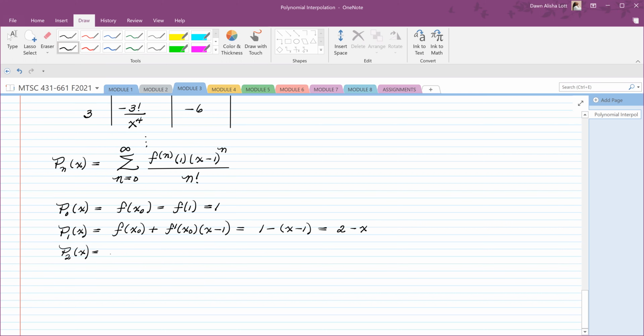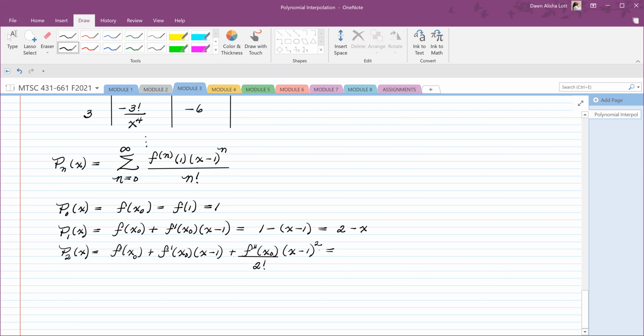We're now going to get f of x naught plus f prime of x naught times x minus 1 plus f double prime of x naught over 2 factorial times x minus 1 squared.